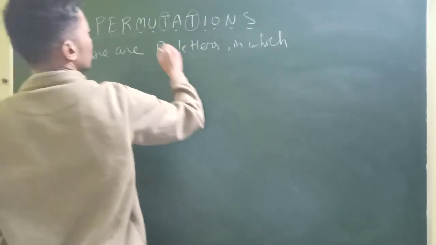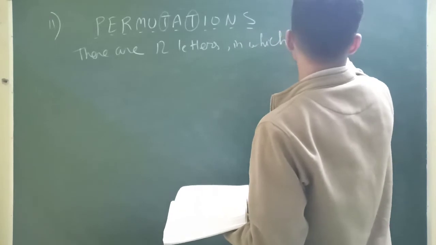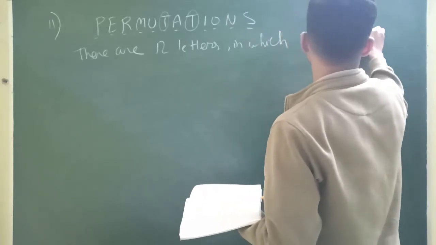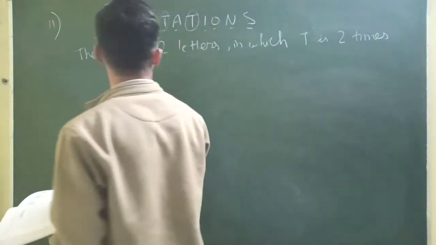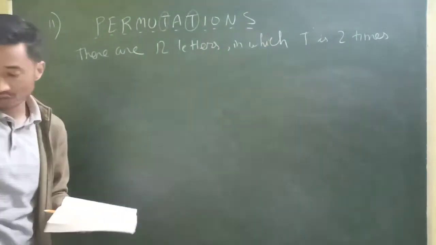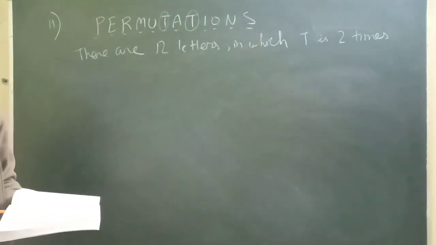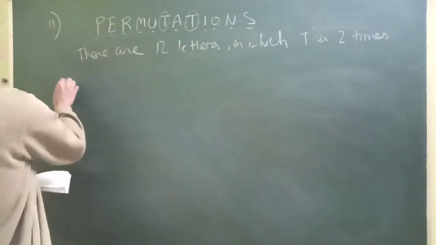Okay, T is repeated twice. I guess that's all. Any more again? Yeah, that's all. In which only, of course, T is repeated 2 times. No problem with that. Okay, number 1.